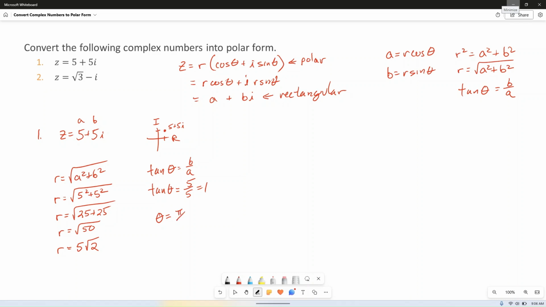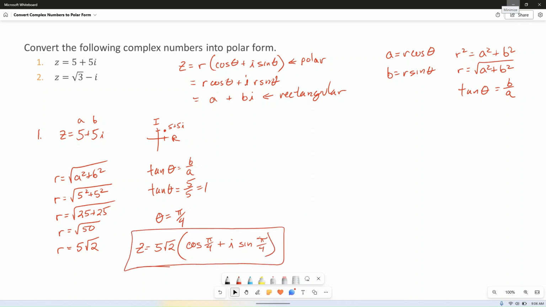So theta is going to be pi over 4. So if I wanted to write my complex number in polar form, I would have z is equal to 5 square root of 2 times the quantity cosine of pi over 4 plus i sine of pi over 4. So that would be my complex number. All right, let's try the second one here.